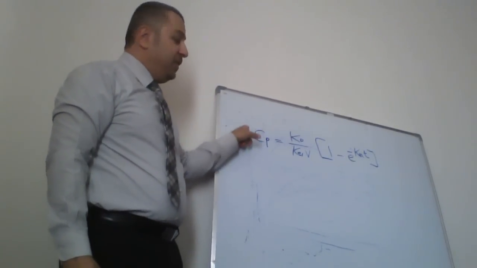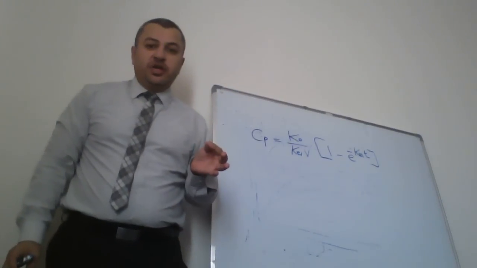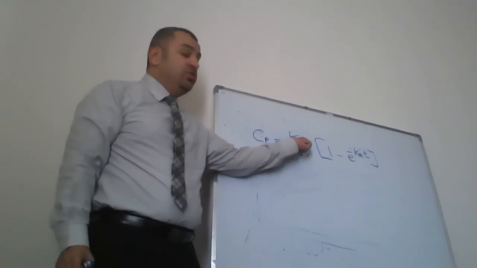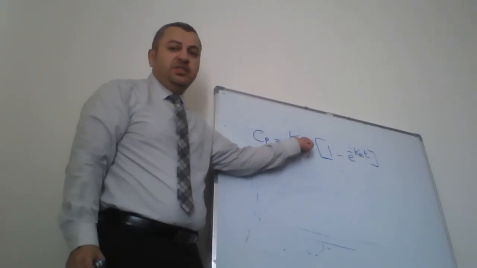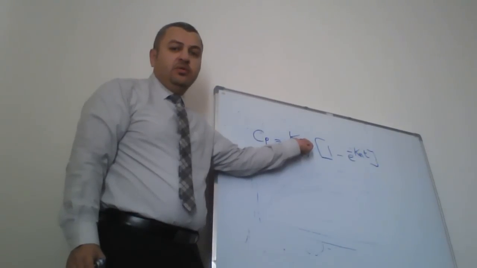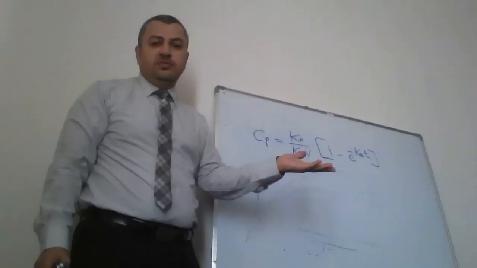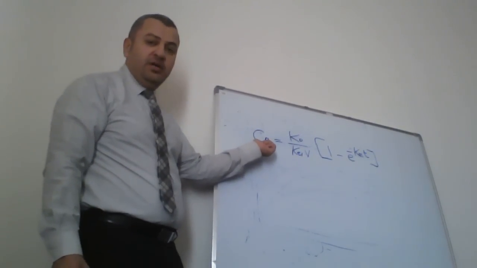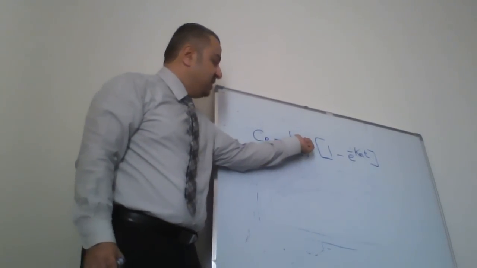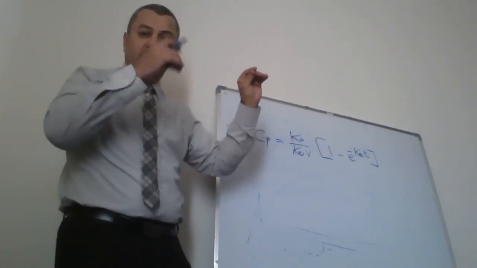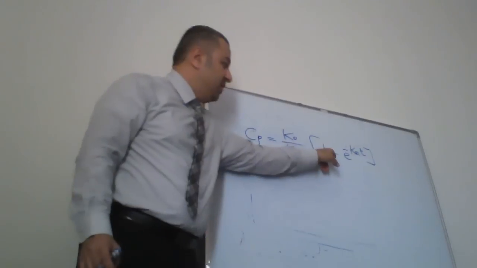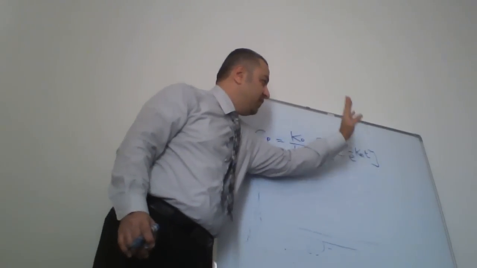My Cp now will be my target concentration, but it's not the CPSS. Why? Because I'm using fast infusion. Fast infusion will give you another CPSS. It's not my target. So my target Cp is equal to the fast infusion, K0 double dash, divided by KL/V multiplied by 1 minus e to the power minus KL/V times t.